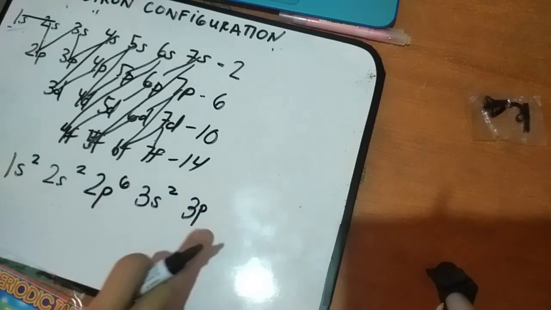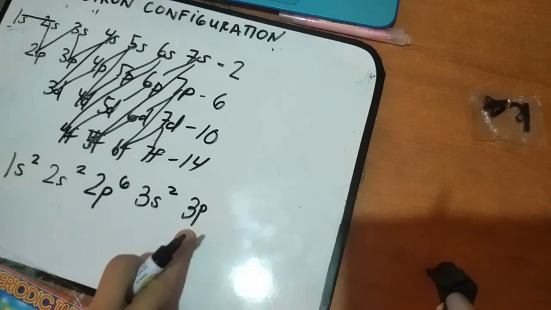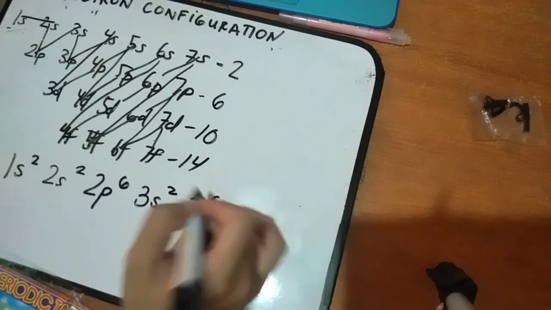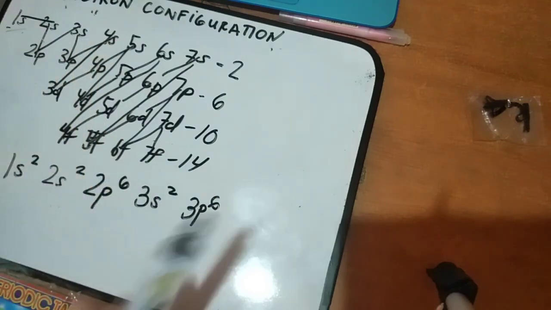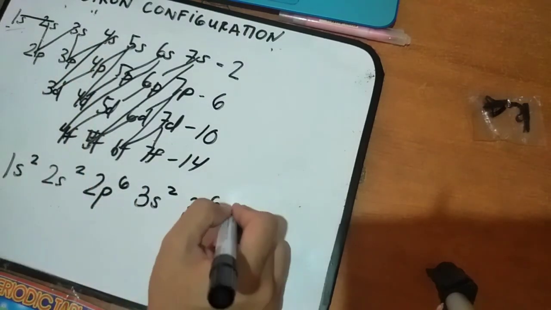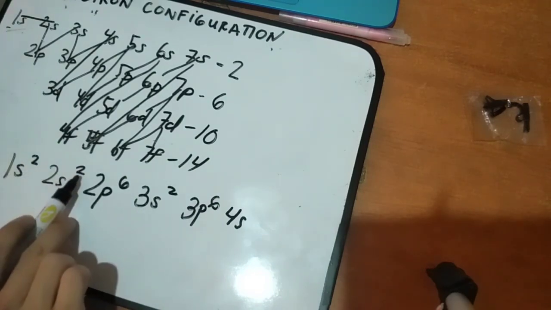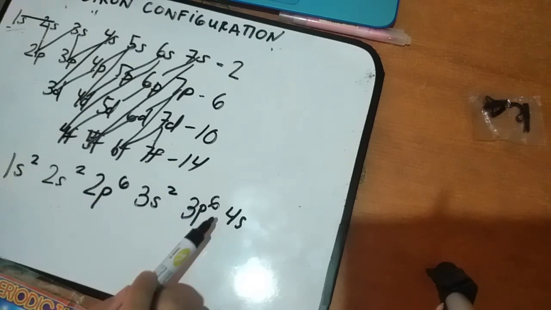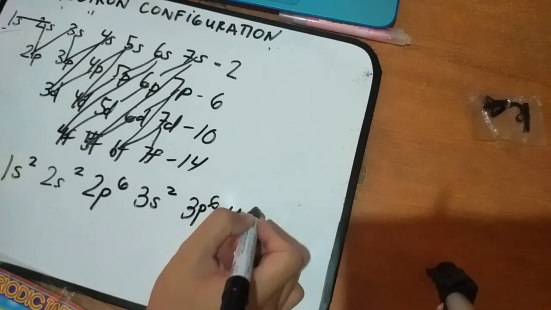So 12 plus 6, 18. So next after the 3p is 4s. So ilan pa ba ang kulang? So you have 2, 4, 10, 12, 18, 19. So your S would be 4s1.